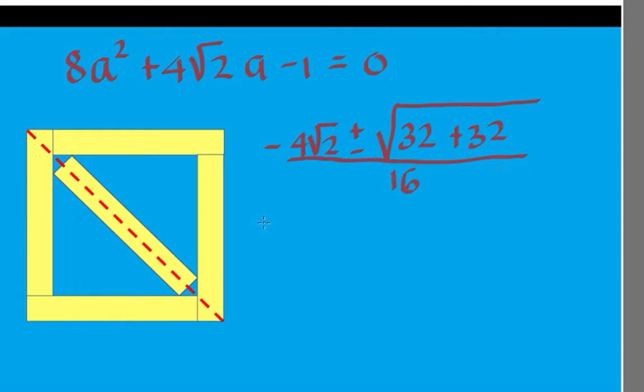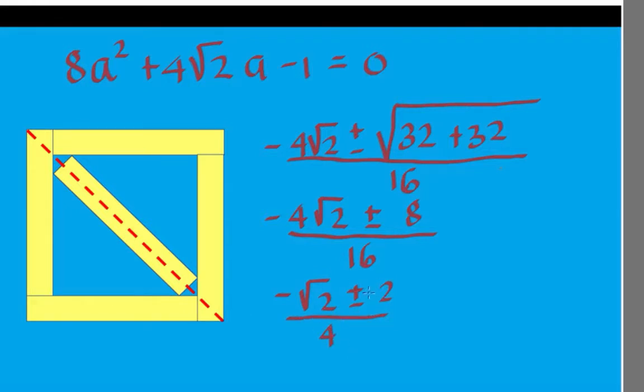So this simplifies to negative 4 square root of 2 plus or minus the square root of 64, which is 8, divided by 16. And so we arrive at negative square root of 2 plus or minus 2, over 4.